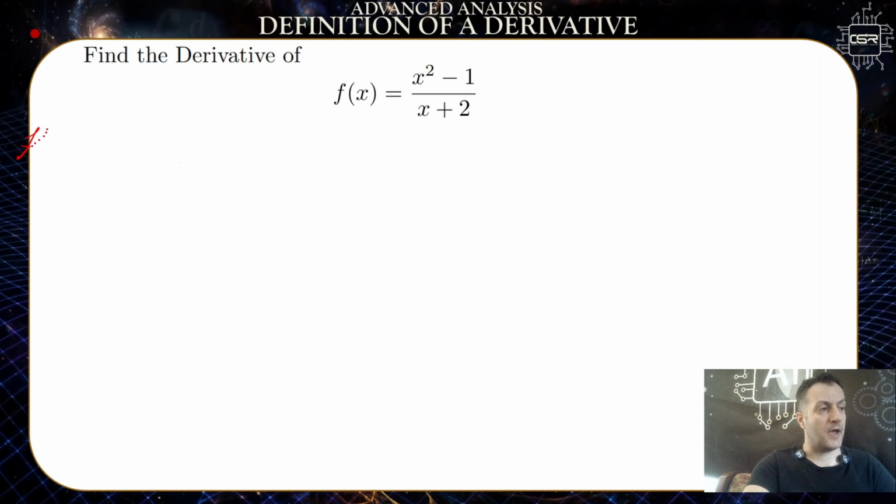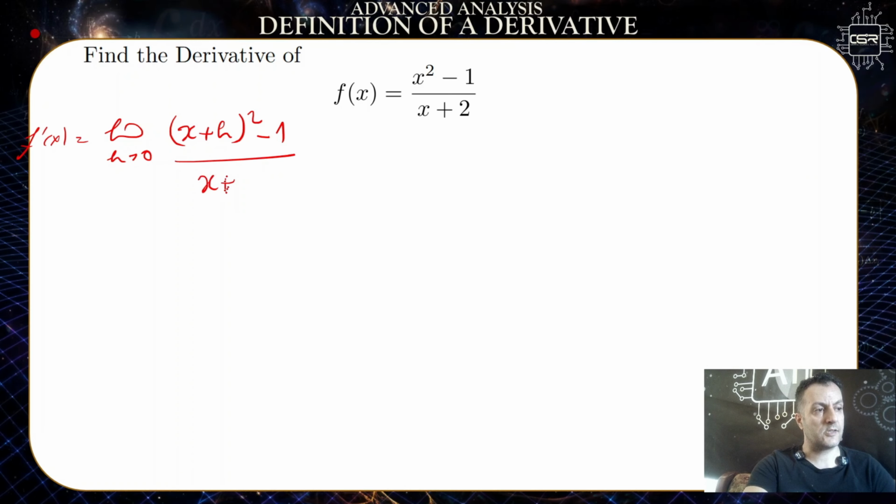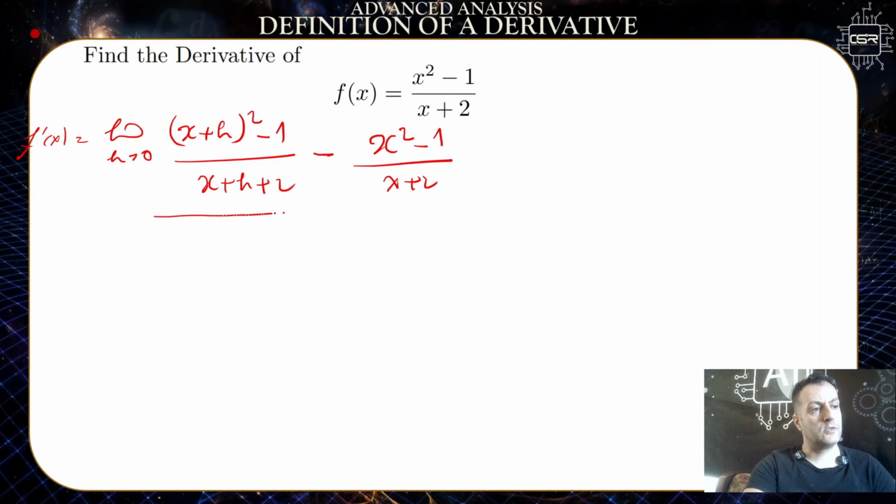Okay, f prime of x is equal to the limit as h approaches 0 of x plus h squared, we replace x with x plus h, minus 1 divided by x plus h plus 2 minus f of x, which is x squared minus 1 divided by x plus 2, all divided by h.